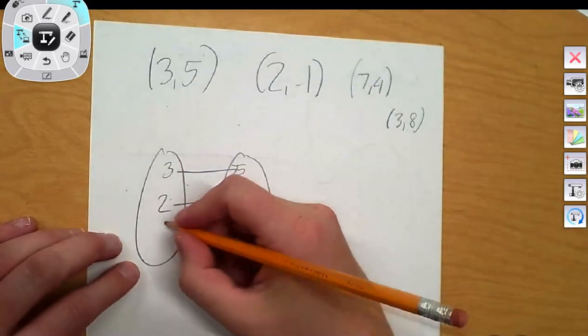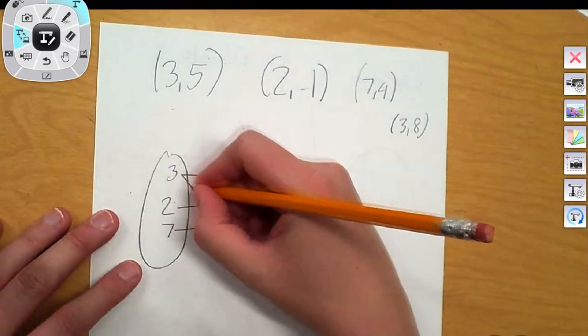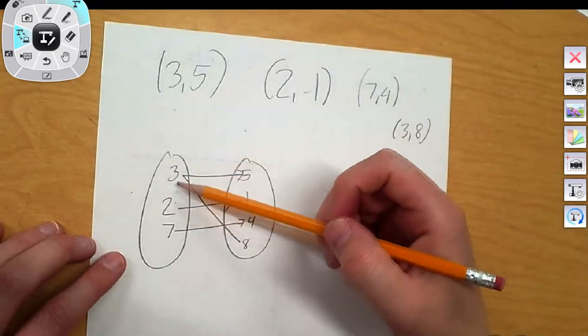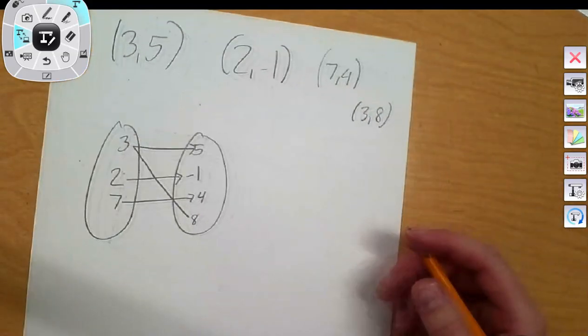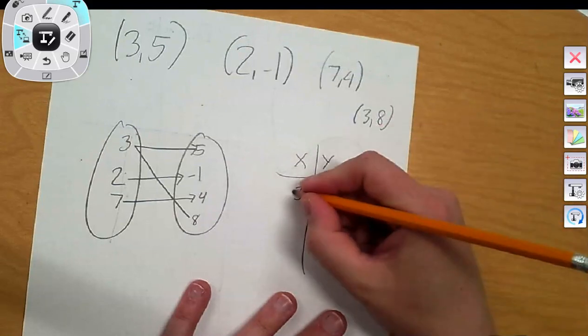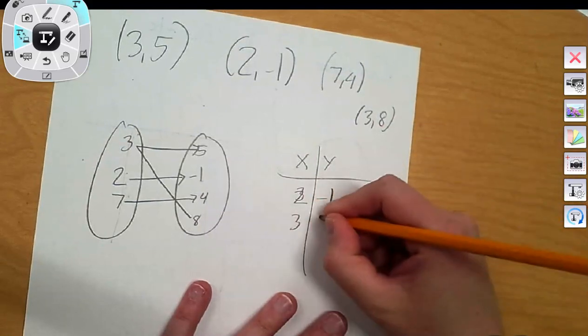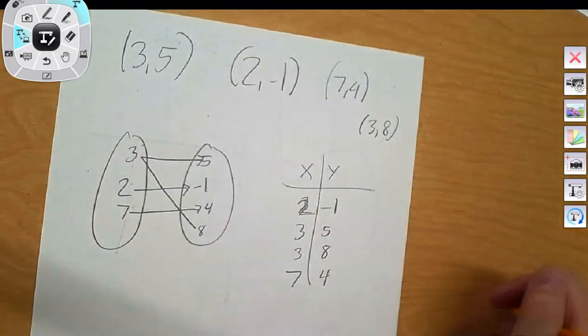Here's 7, here's 4, arrow, and here's 3, here's 8, arrow. Now in a perfect world, I should have put the 2 on top and the 3 on the bottom, because technically it should go small to big. For X and Y on the table, order doesn't matter. We will put them in order though: 2, -1, 3, 5, 3, 8, 7, 4. You just list them, X, Y.